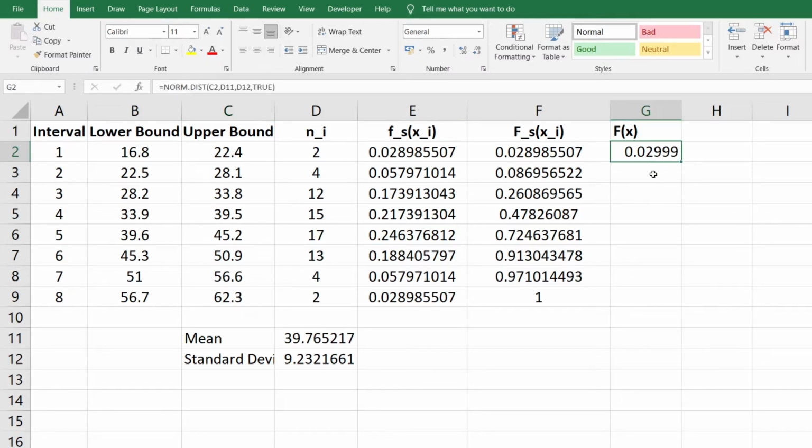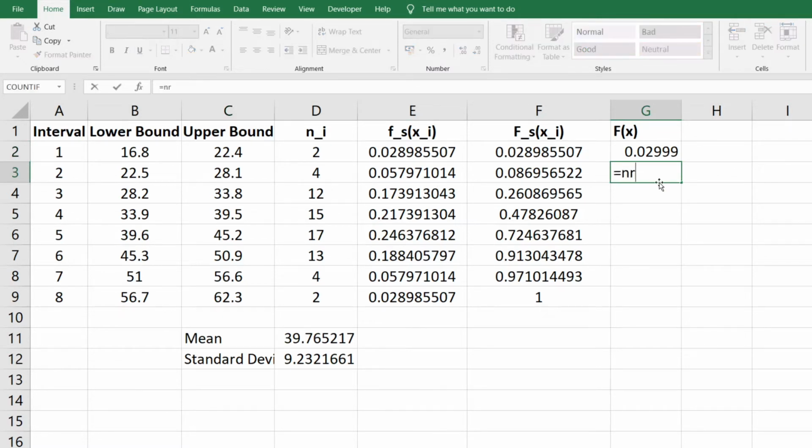Okay, we do the same, but this time, ang gagawin natin dito is now the 28.1. Okay, so the 28.1, the same procedure. Norm.dist.